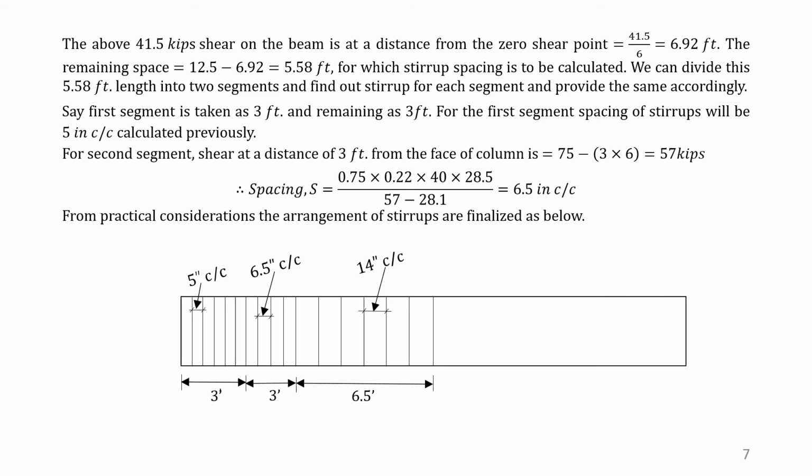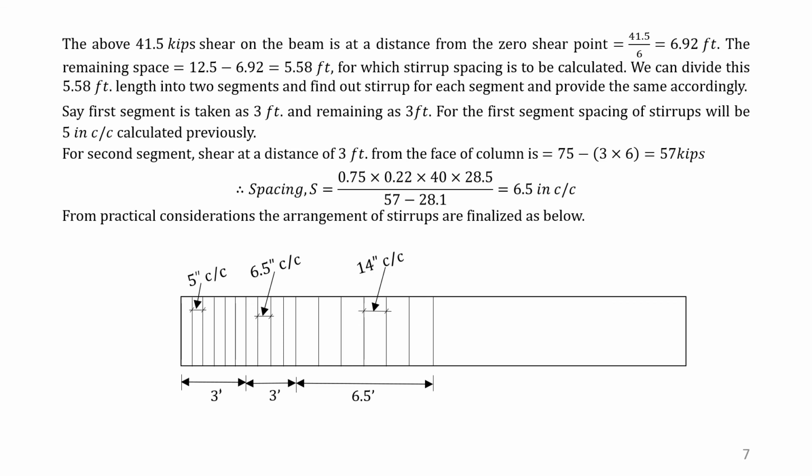If we divide this 41.5 by 6, we get the distance from the support, 6.92, and the remaining space is 5.58.